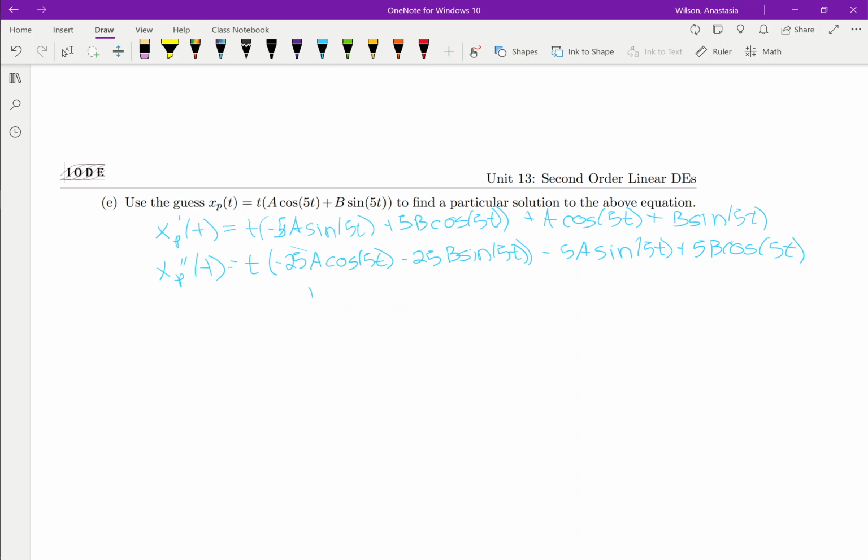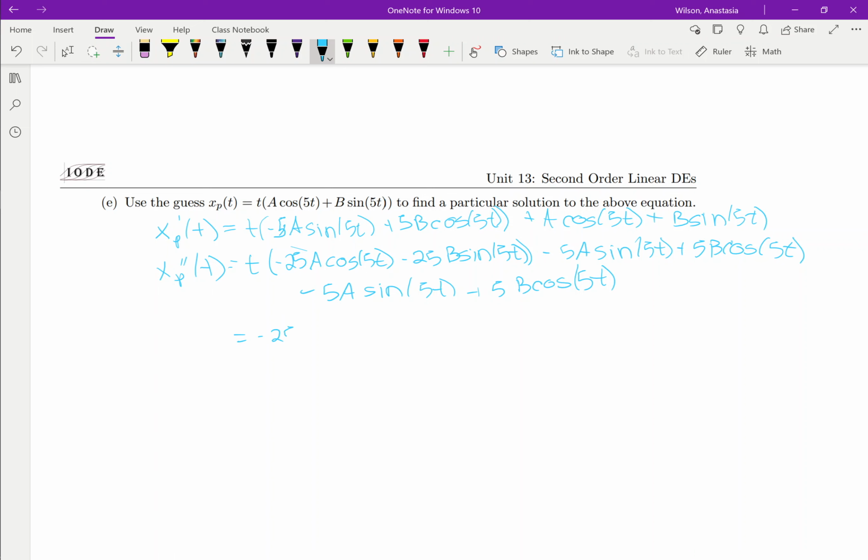That will be a minus 5a sine of 5t plus 5b cosine of 5t. And just to make it a little bit easier to substitute in, notice we do have like terms there. So I'm going to add my like terms. I'm also going to distribute this t.